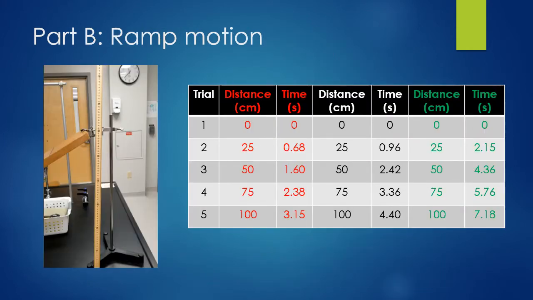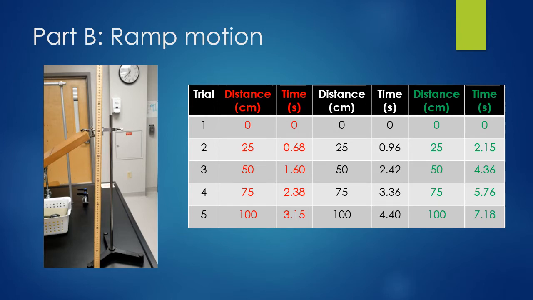So now we're going to move on to part B, which is ramp motion. You can see in the picture that we have a board attached to a ring stand being held in place by a clamp. The reason it's held in place by a clamp is because we're trying to see the motion on a ramp. So it's very similar to part A. We're going to be using that battery-operated vehicle.